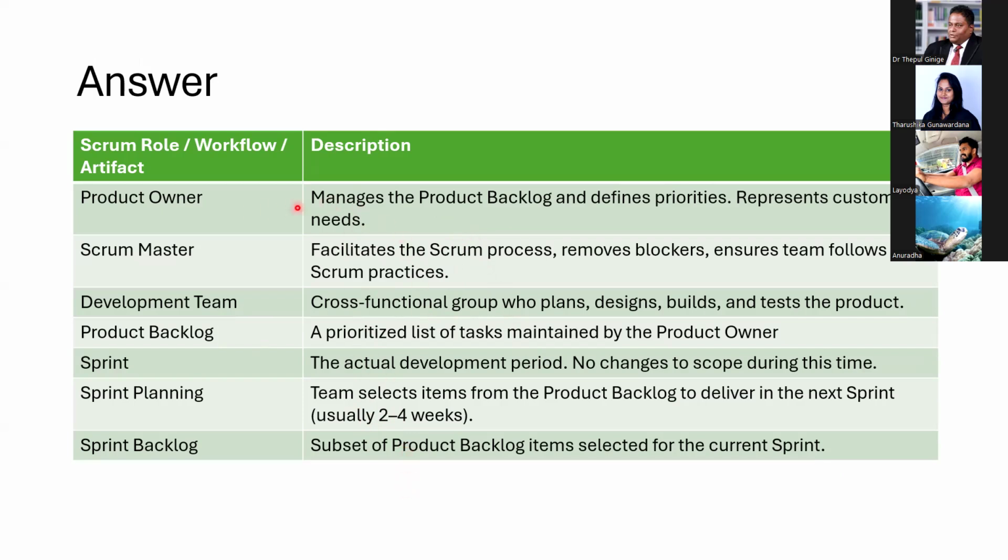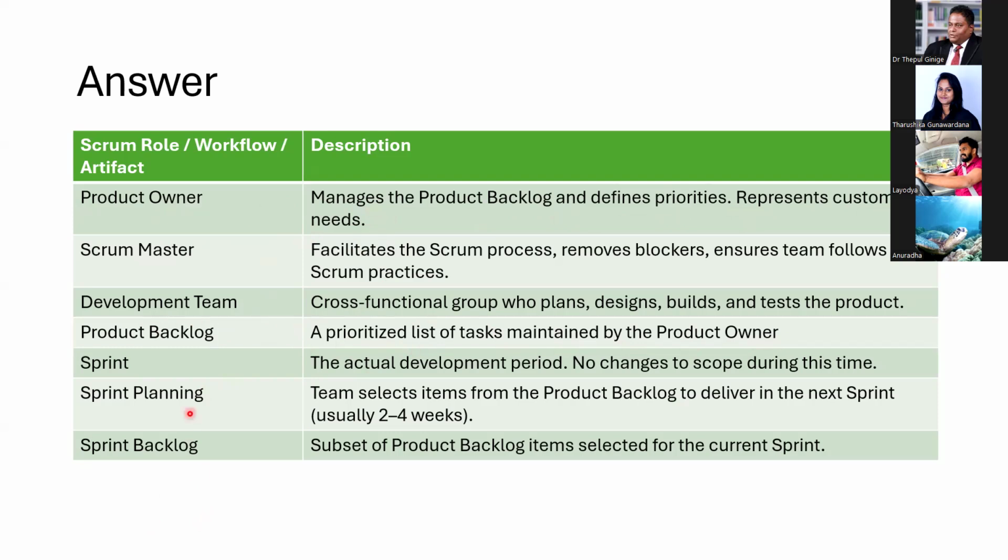So it's in very short terms. You can see the product owner is the one who manages the product backlog, defines the priorities, and represents customer needs, right? So then what is a product backlog? It is a prioritized list of tasks maintained by the product owner. So it's very short and simple. Right.